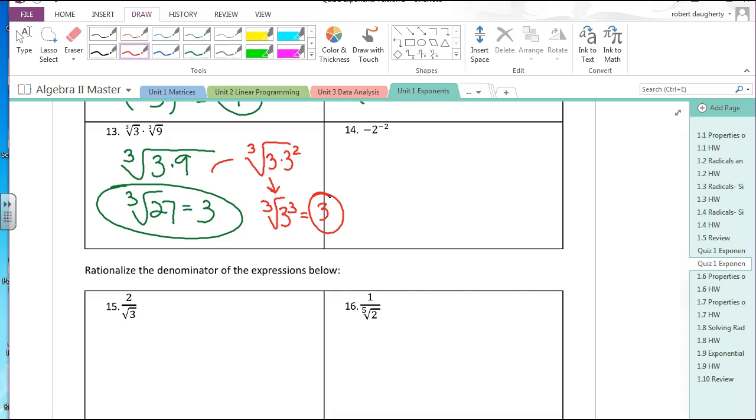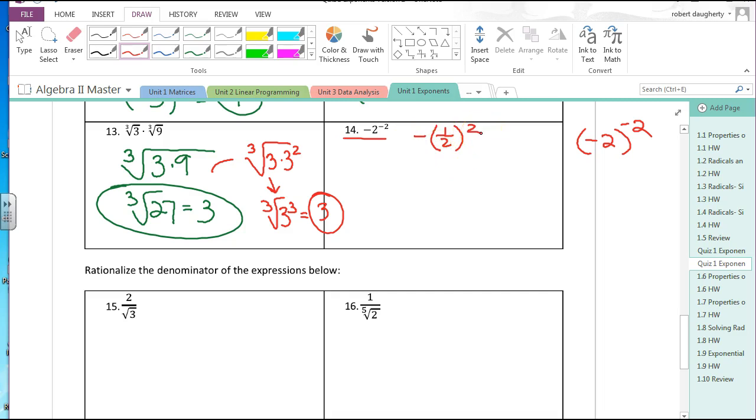Number 14, negative 2 to the negative 2. Now keep in mind, that's not the same problem as negative 2, quantity, to the negative 2. That's a different problem. The only thing being raised to the negative 2 is 2, not negative 2 as in our original problem. So this is the negative of 1/2 squared.